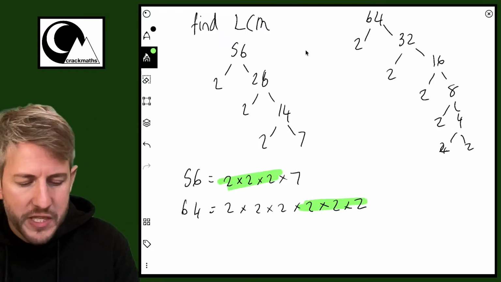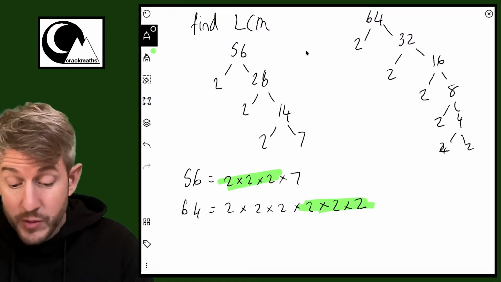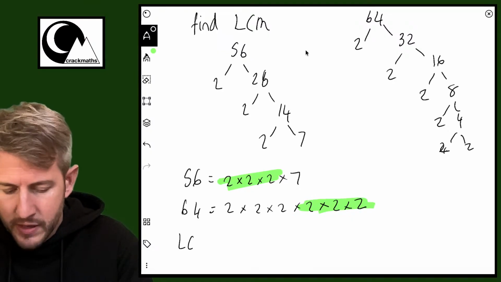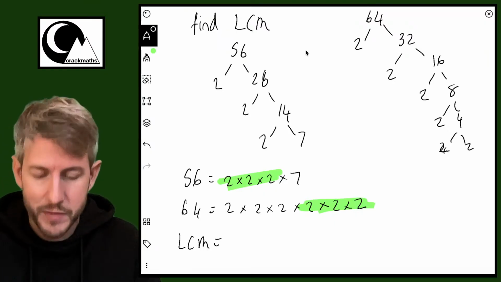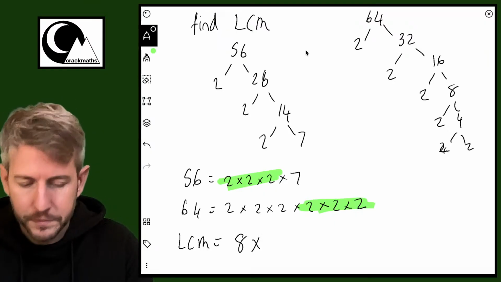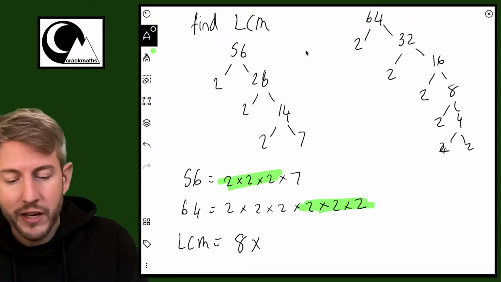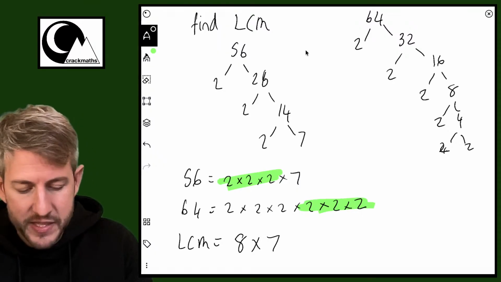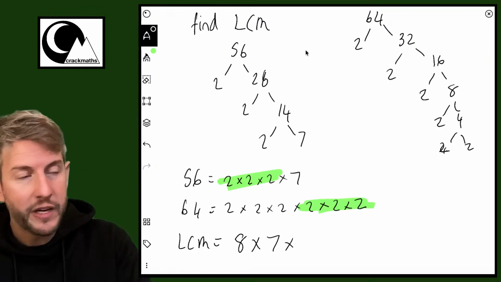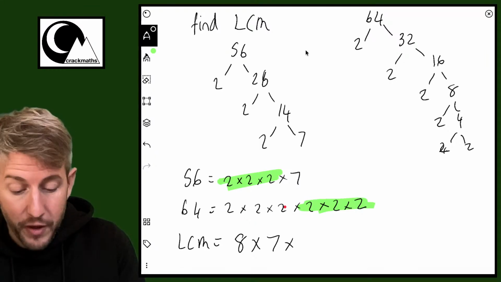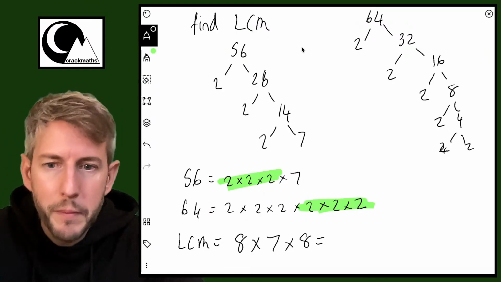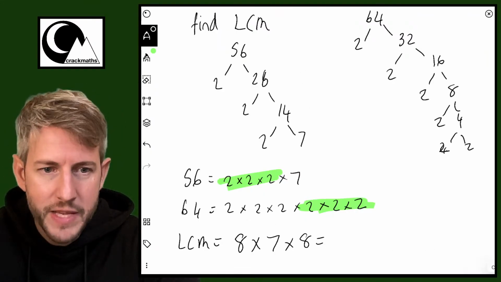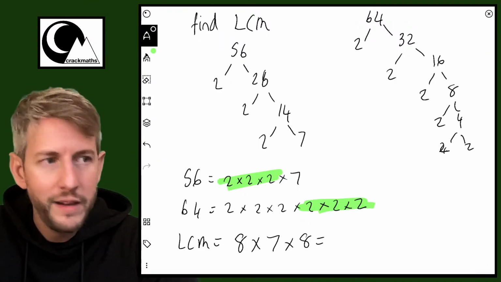This is common to both, so this is what needs to exist in the lowest common multiple. So the LCM is first of all 2 times 2 times 2, which is 8. And then in order to include the 56, we need to times it by 7. And then in order to include the 64, we need to times it by these 3 twos, which is 8 again. So the lowest common multiple is 8 times 7 times 8. Let's work that out.